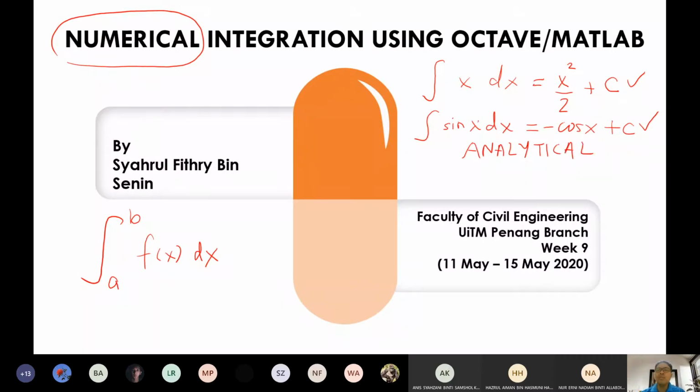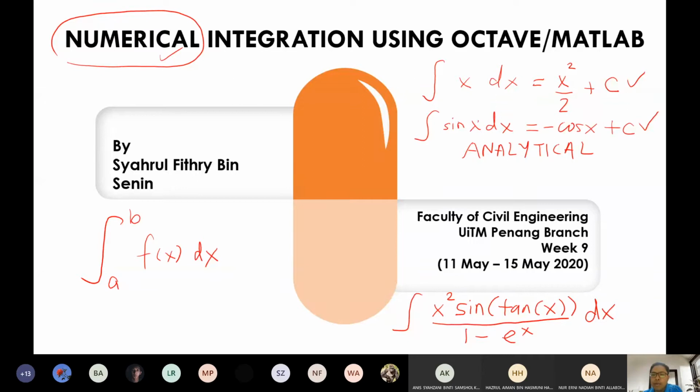So where will we use a numerical approach? If, let's say, I want to integrate a function like this, you will be in a problem here because the function that you want to solve is quite complicated, and you cannot use any techniques that you have learned in your mathematics to solve this integration.